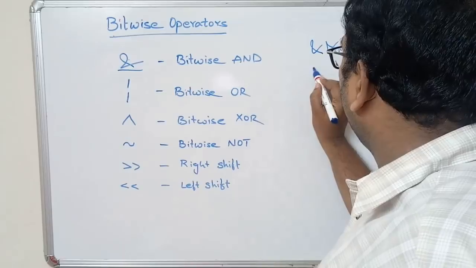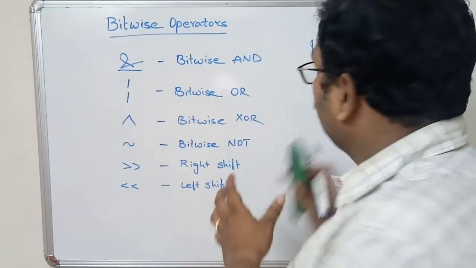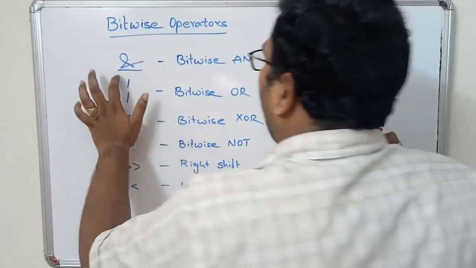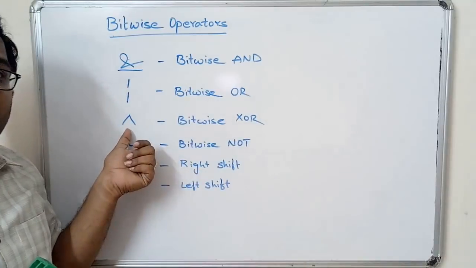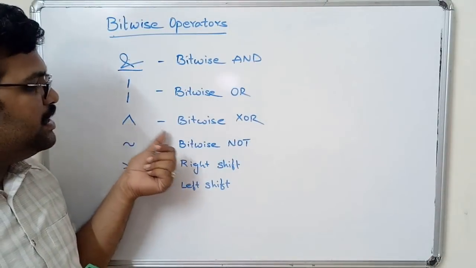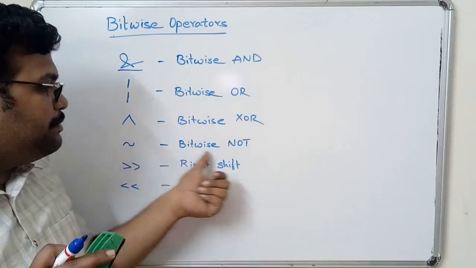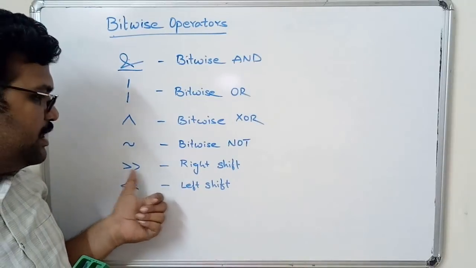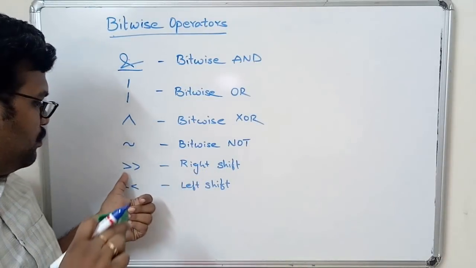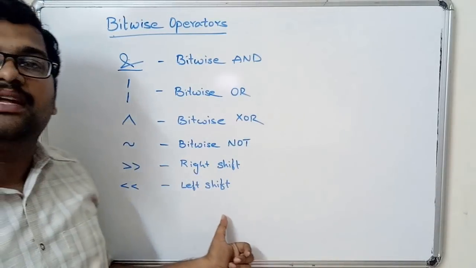If you write this double OR, it is a logical OR. So a single one: AND, bitwise AND; OR, bitwise OR; and the cap symbol is a bitwise XOR; the tilde symbol is a bitwise NOT or complement; and two greater than symbols are right shift, and two less than symbols are left shift.